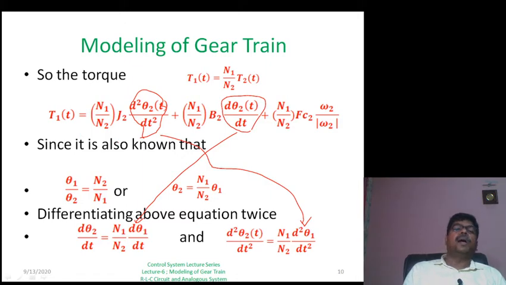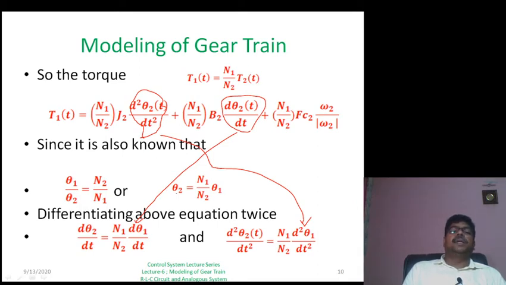Now, if we want to express this in terms of theta 1, since we know the expression theta 1 by theta 2 equals n2 by n1, or theta 2 equals n1 by n2 into theta 1.